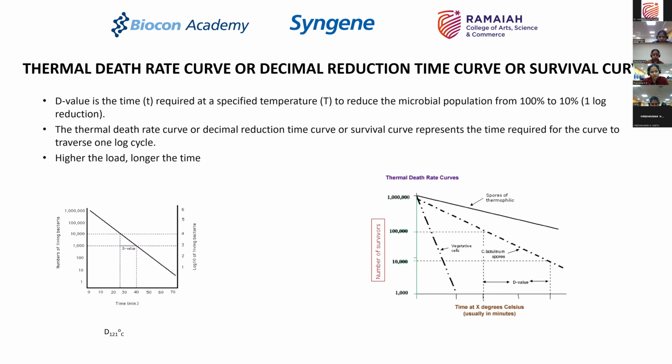Now, when you want to do a Z value, you are saying, okay, this plotting was done at what temperature? 121. If I now change the temperature from 121 to 132 degrees centigrade and I do the same plotting, what is this change that I'm going to see? If I do that 1 log reduction, if I go from 10,000 to 1,000 at 132, what will be that change?